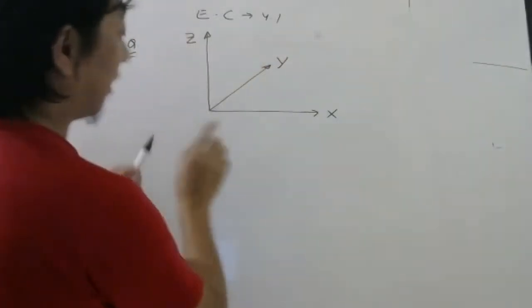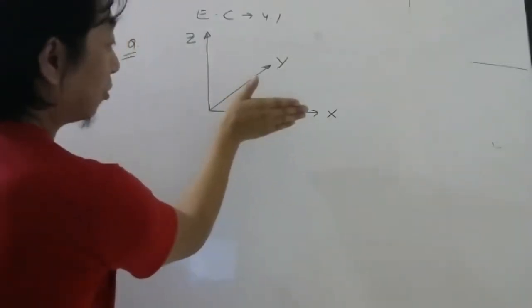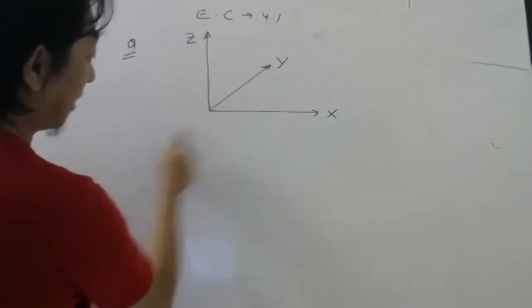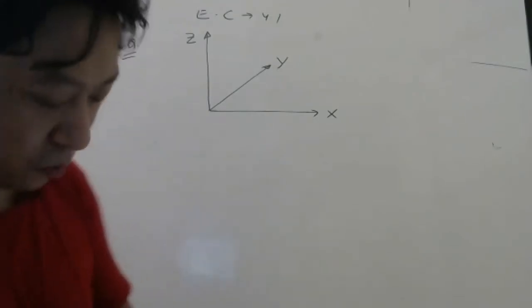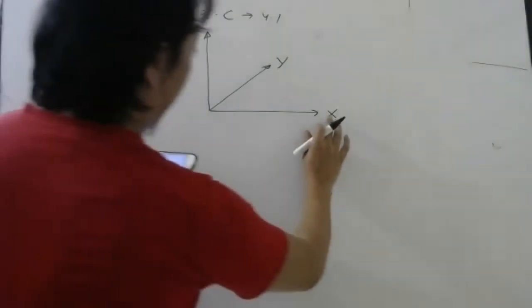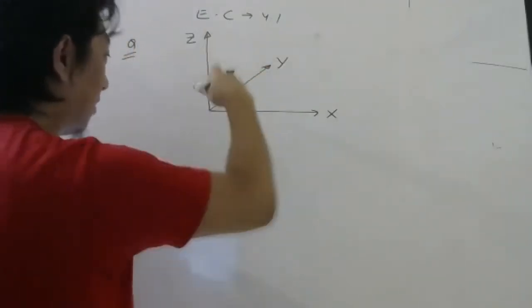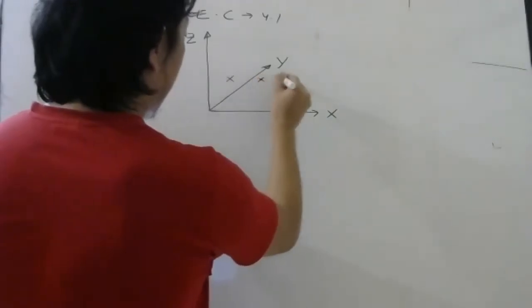That is because x, y, z should always form a right-hand system. Matlab, when you go from x to y, you should get z. So you cannot put the y-axis here. Anyways, this is in the question, so don't worry. So this is your x-axis, this is your z-axis, and the y-axis is inside the board, like this. Now they have applied the magnetic field like this.